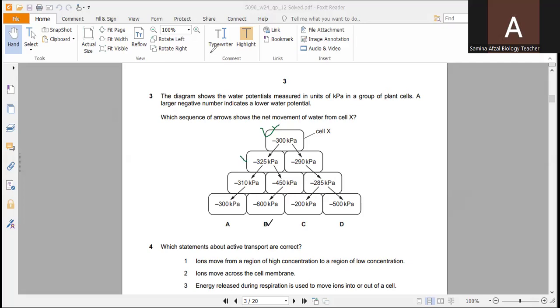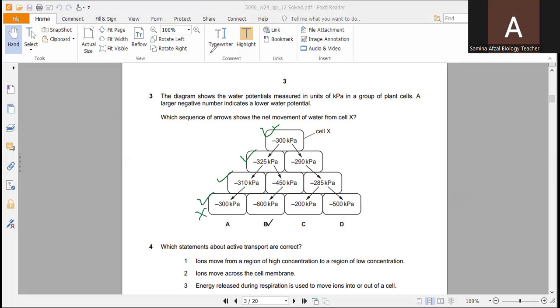Here there is more water potential as compared to minus 300, which is minus 325. So the water, then minus 325, it is increasing, minus 310, and then 300. So this route is not working.